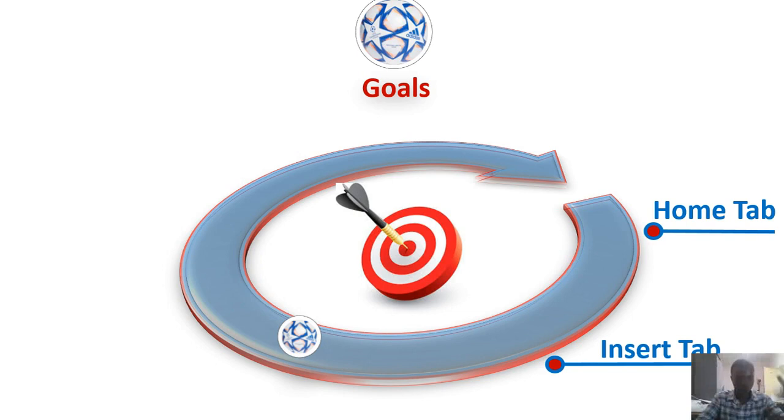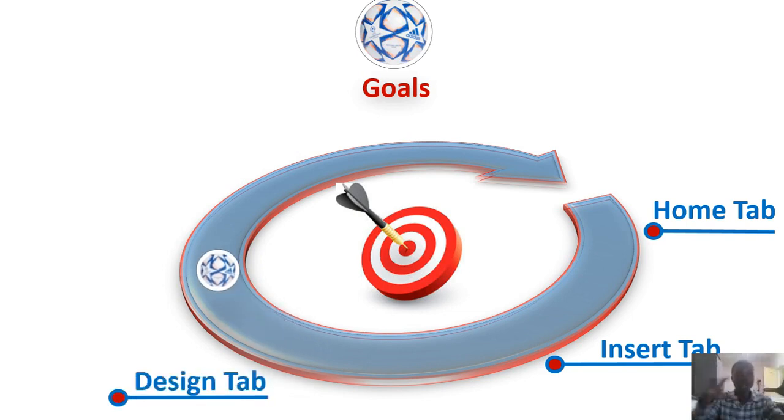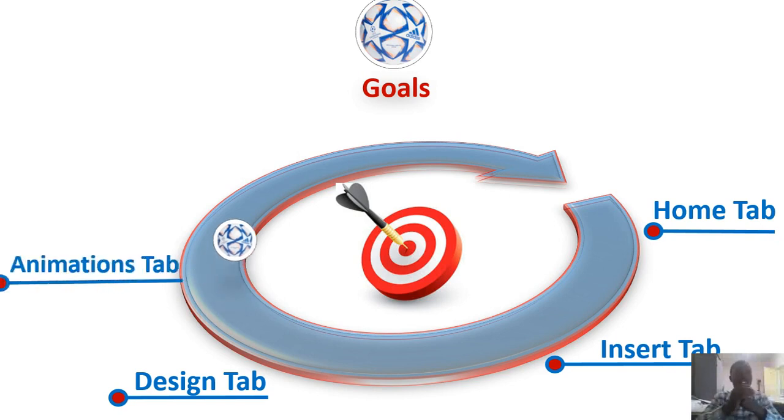And then from insert tab, we'll talk about the design tab, where we mainly focus on the background or the slide itself, the overall slide appearance. That's design. We'll talk about that. And then we'll talk about animations, where you can add moving objects, where you can illustrate or emulate some industrial processes.